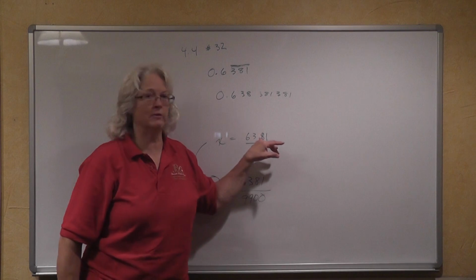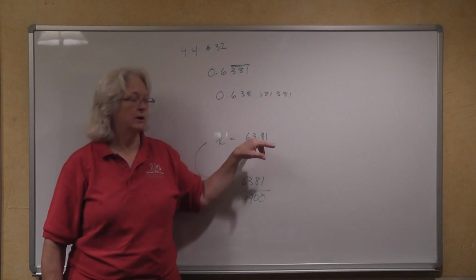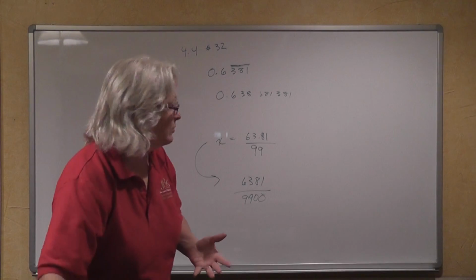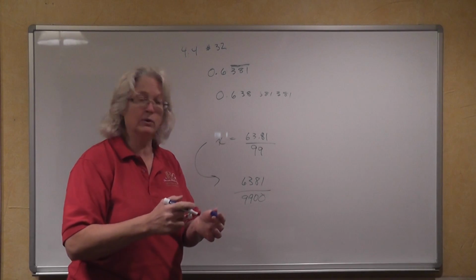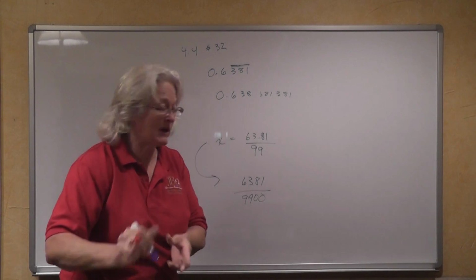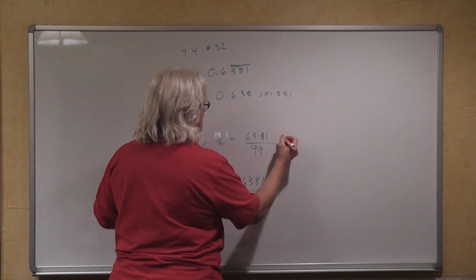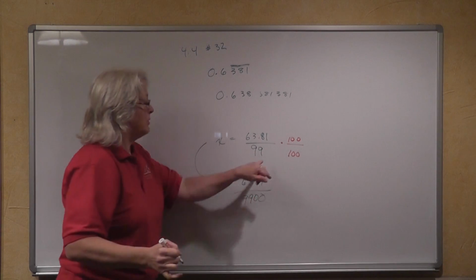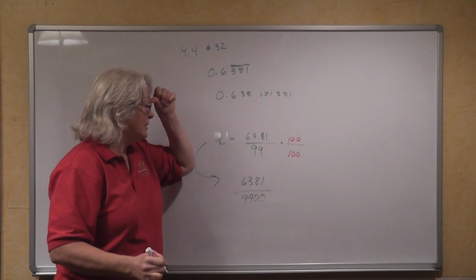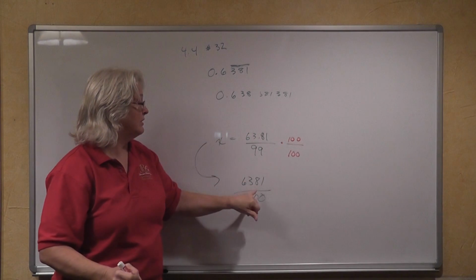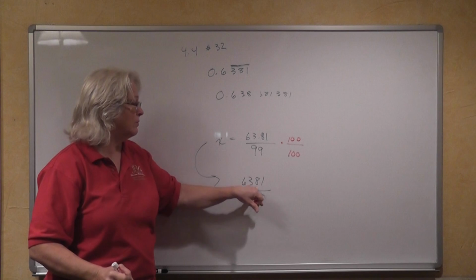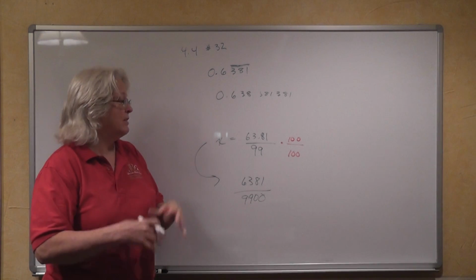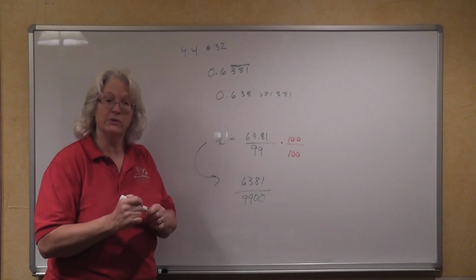They did that by remembering the multiplication property of equality, that if you multiply anything by a value equal to 1, you don't change its value. What they did was they multiplied by 100 over 100. Because when you multiply 63.81 by 100, you get 6,381. 99 by 100 is 9,900. Then you divide to reduce that to lowest terms.